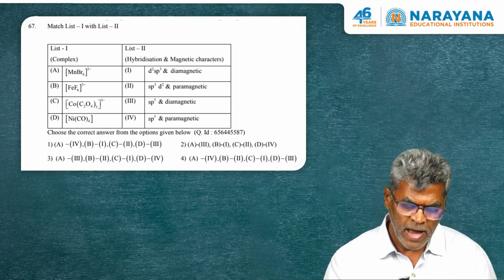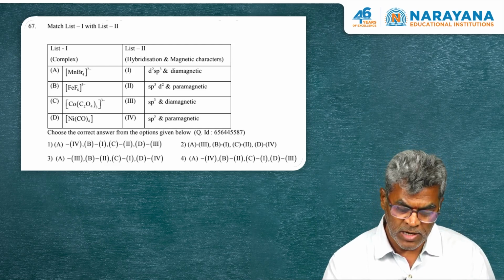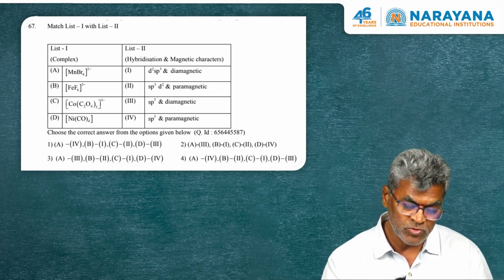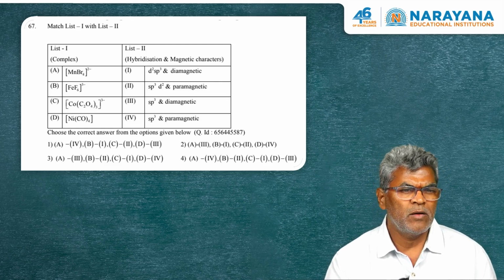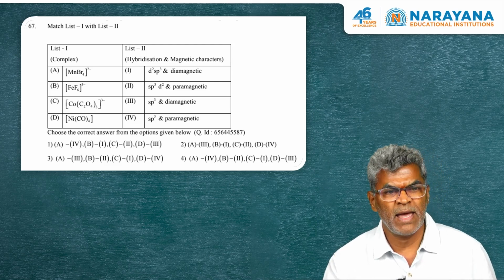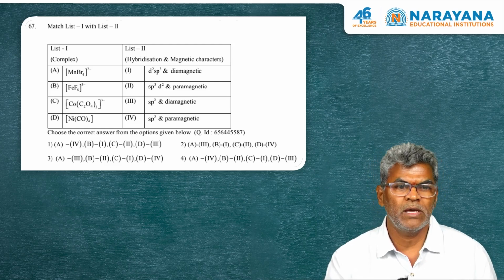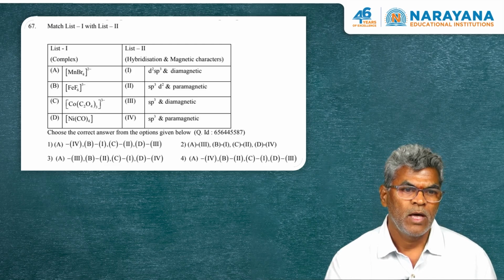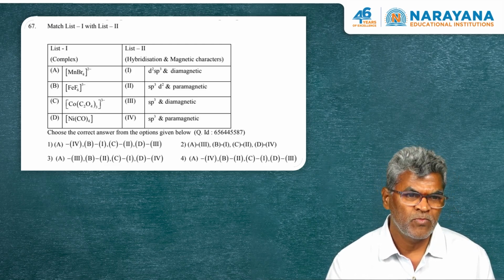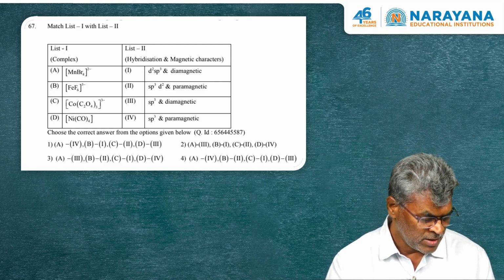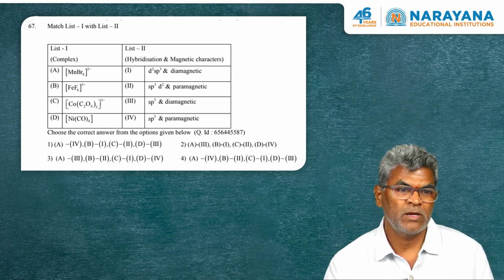This is hybridization concept, inner shell complexes, outer shell complexes you need to check. Mn, Br minus is a weak field ligand, so it should be outer shell complex. Outer shell complex means it should be sp3 hybridization, so paramagnetic in nature.